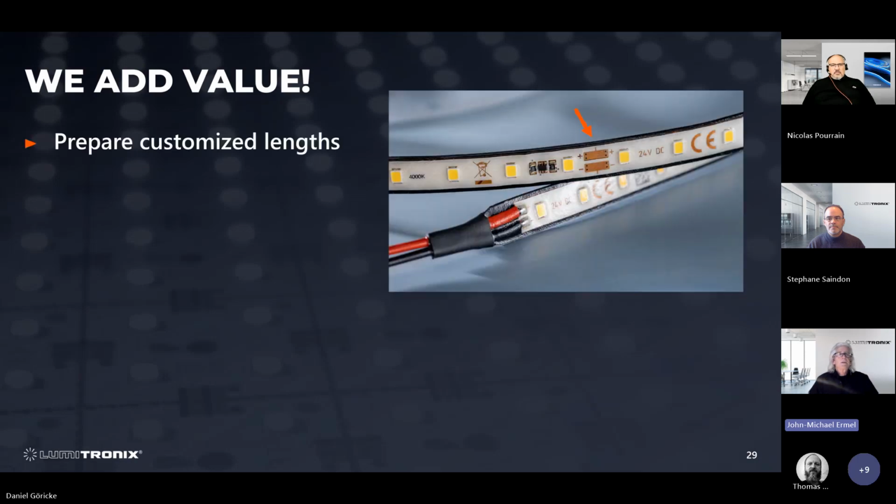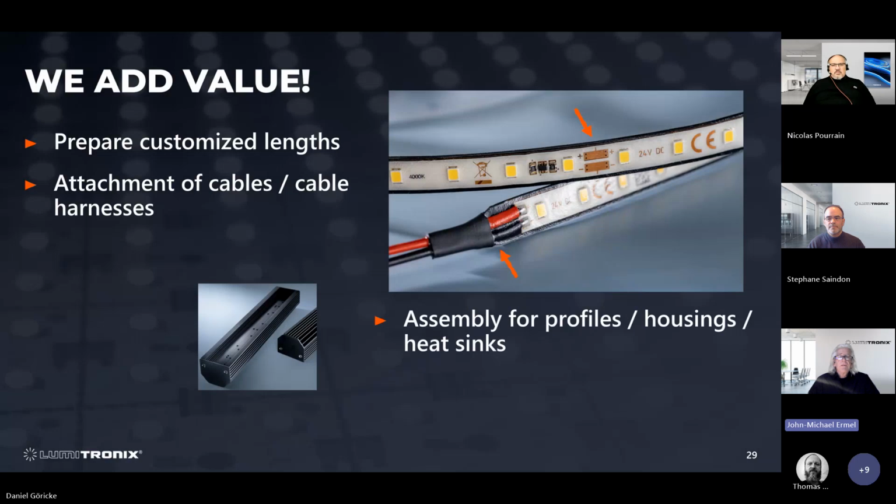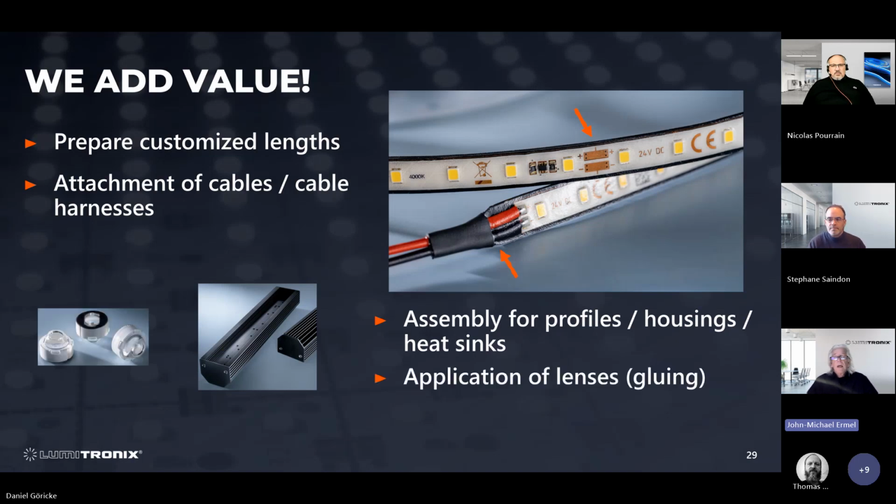Others want us to make things easier, whether that's customized lengths, or making a module assembly by attaching cables or other elements to an FPC. We can also take the next step and build those into either a finished fixture or sub-assemblies, including things like lenses, which typically we'd use a gluing methodology.